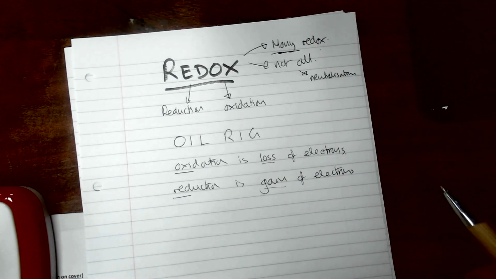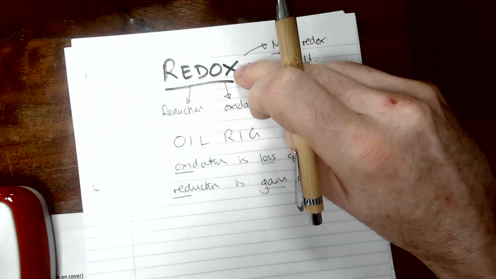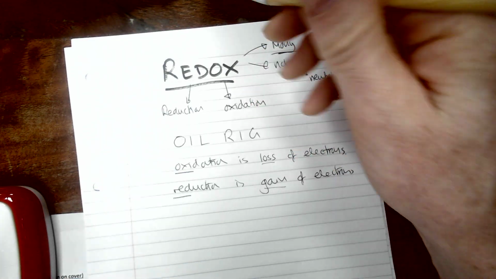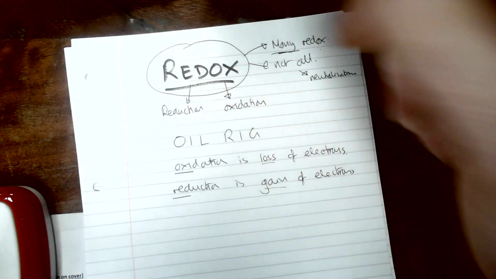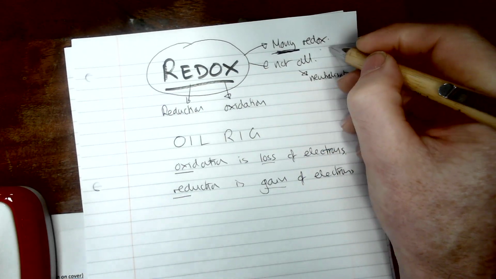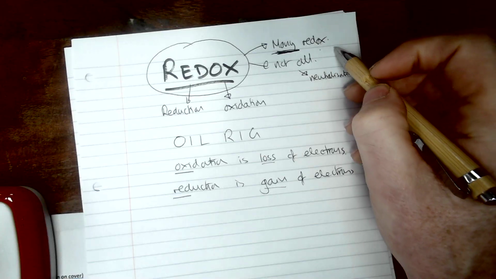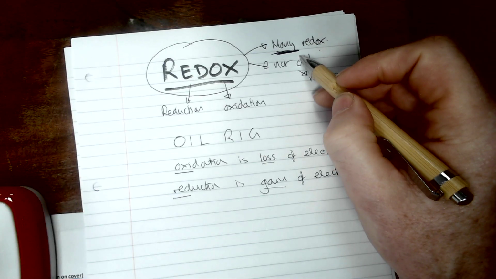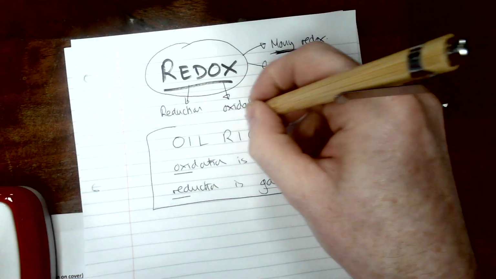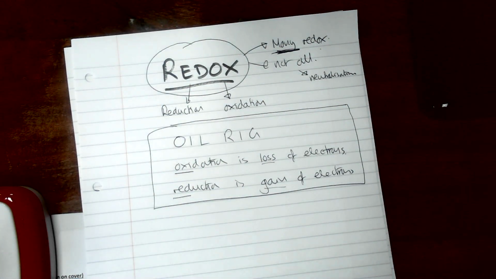Electrons can't just disappear. Hence, any chemical reaction where loss or gain of electrons has happened is described as being a redox reaction. Many reactions in chemistry are redox reactions. They involve the movement of electrons. All right, so these are just some little reminders of things that we've done prior.